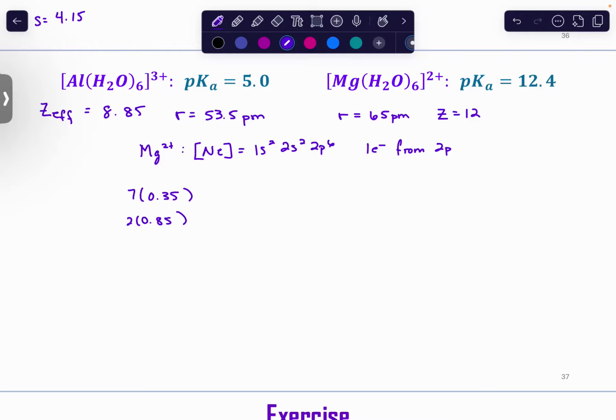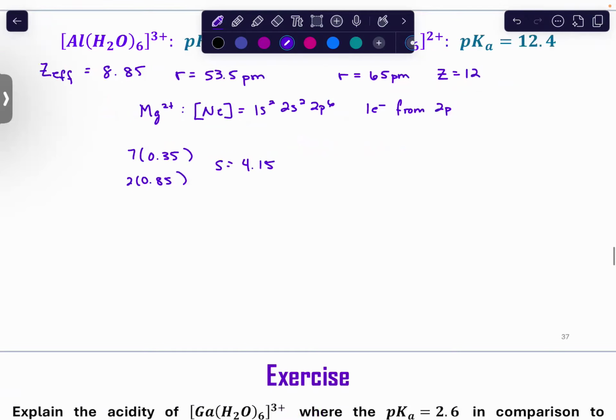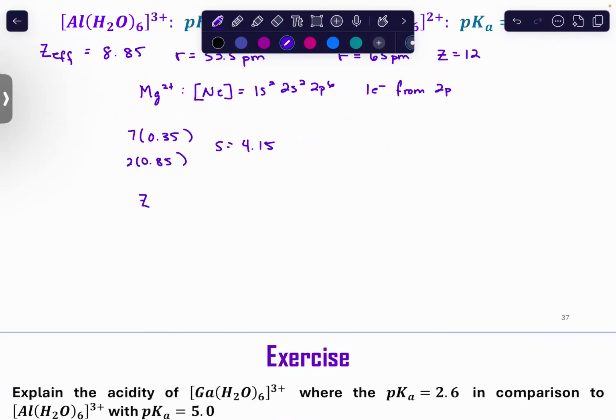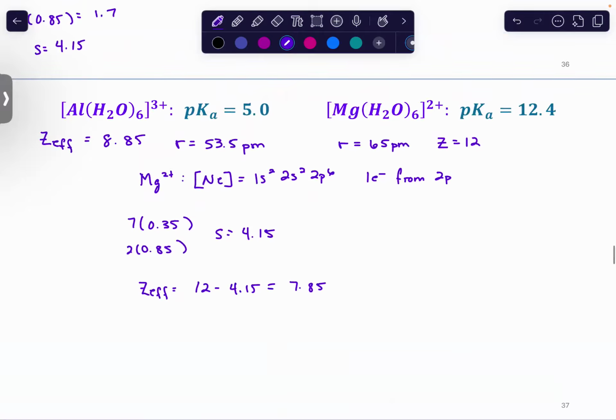So it's the same as the aluminum. Your S is going to be 4.15. The difference is your Z. So your Z effective is 12 minus 4.15. That's going to give you 7.85 as your effective nuclear charge.